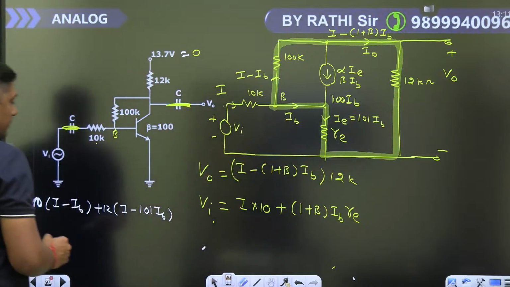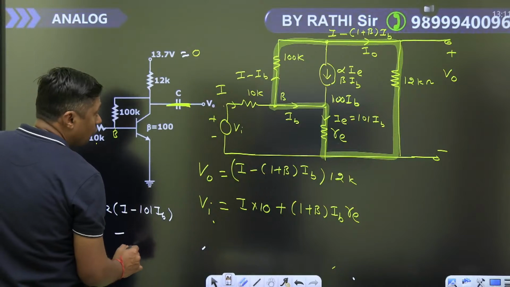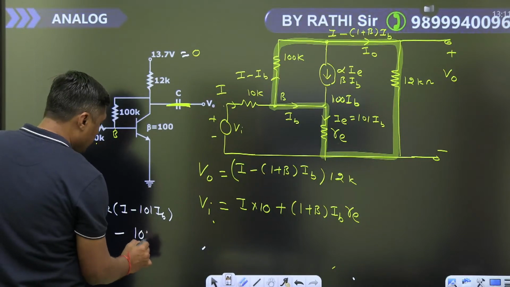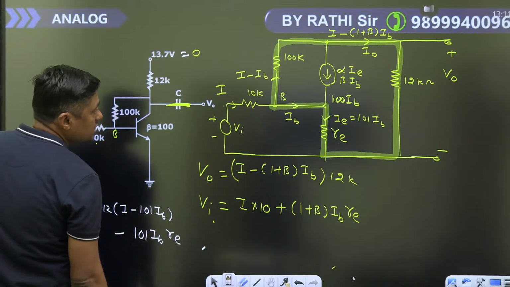Then, see, this will become minus 101 times of IB into small re, that is equal to 0.